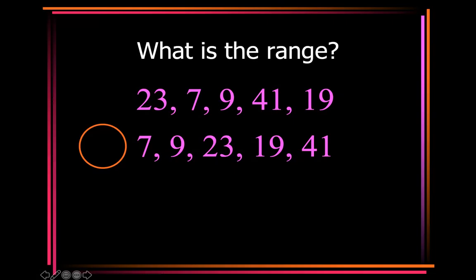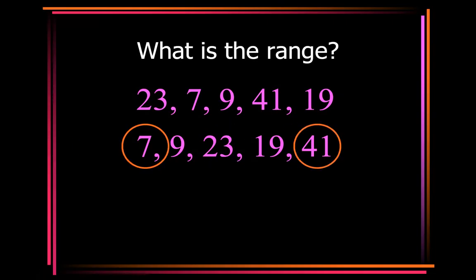Either way, you realize that 7 and 41 are your highest and lowest numbers. You can ignore this for now. Please do not make this same mistake. 41 minus 7 gives me 34. My range is 34.